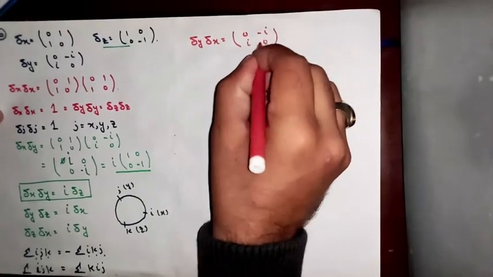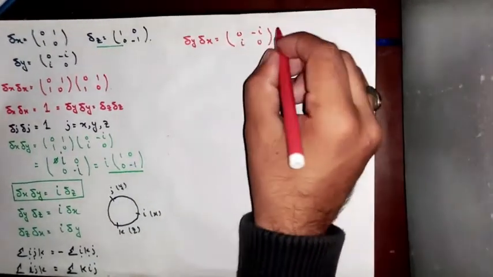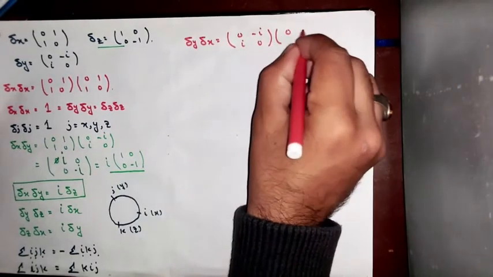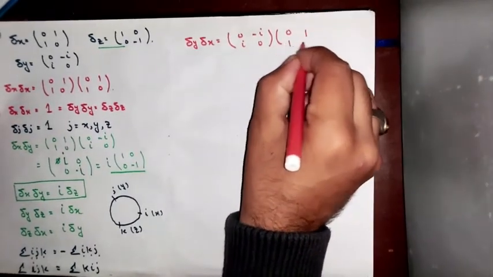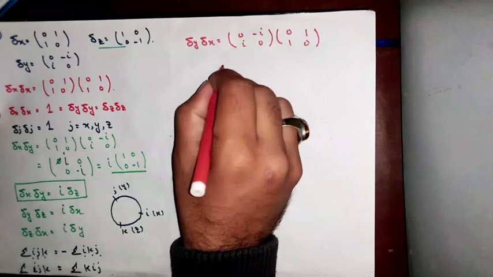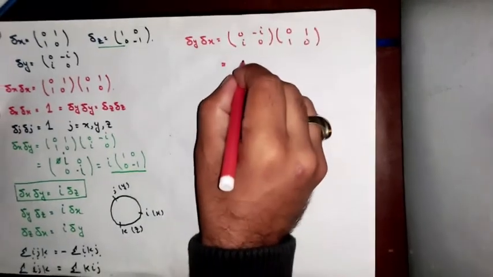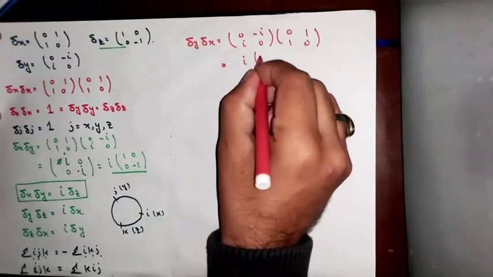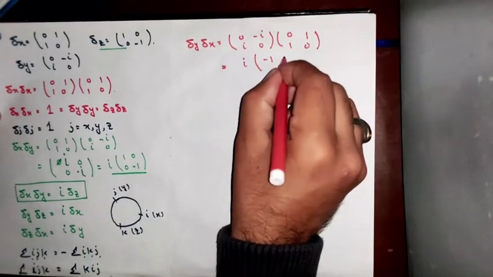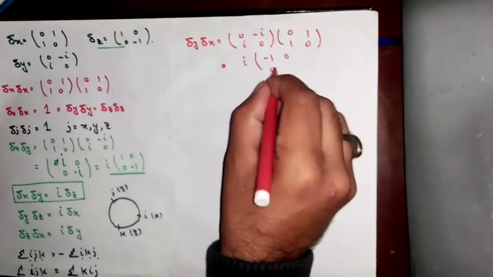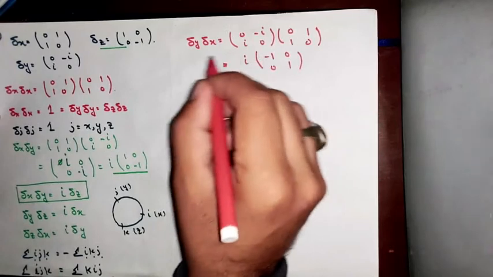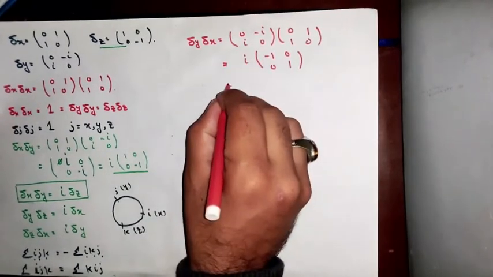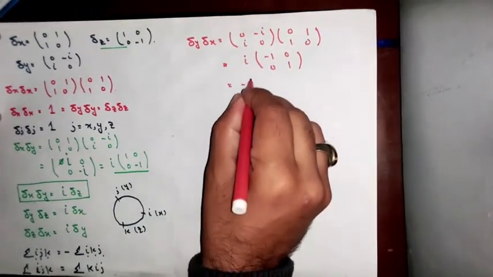Sigma x is equal to 0, 1 and 1, 0. If we multiply this, I get iota, 0 and 0, minus iota.